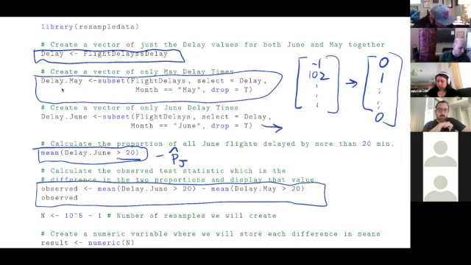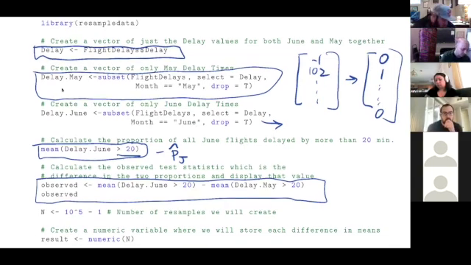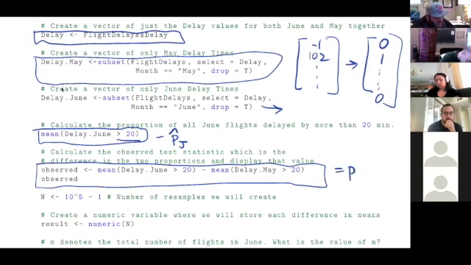So this line of code is calculating the delay for June and then subtracting the delay for May. So we had to do a little bit of work to get that. There wasn't any built-in function like variance or mean that says, is it bigger than 20, right? So we had to do a little bit of calculation on our own for that.